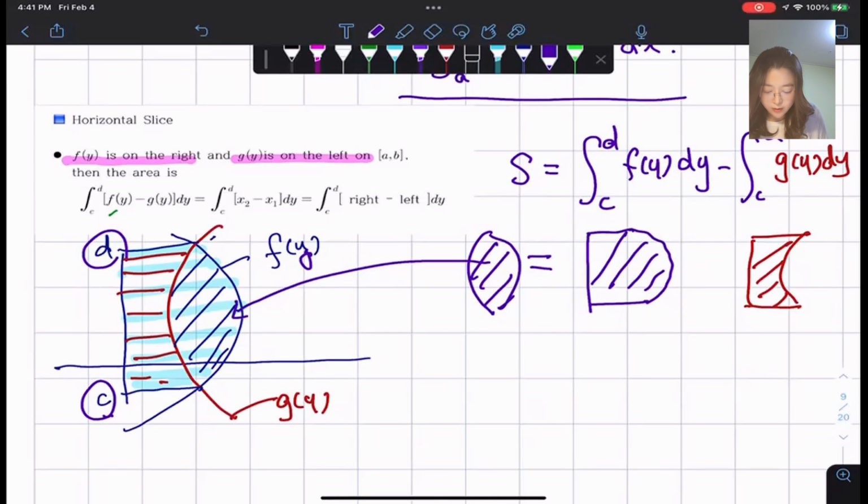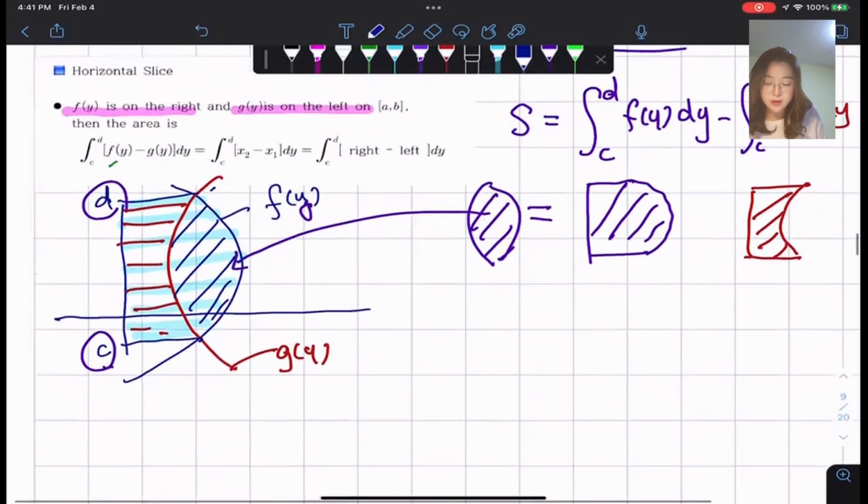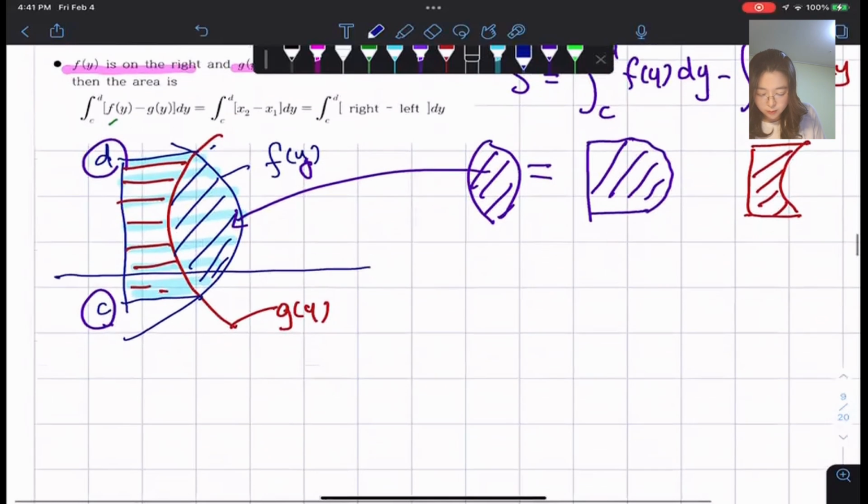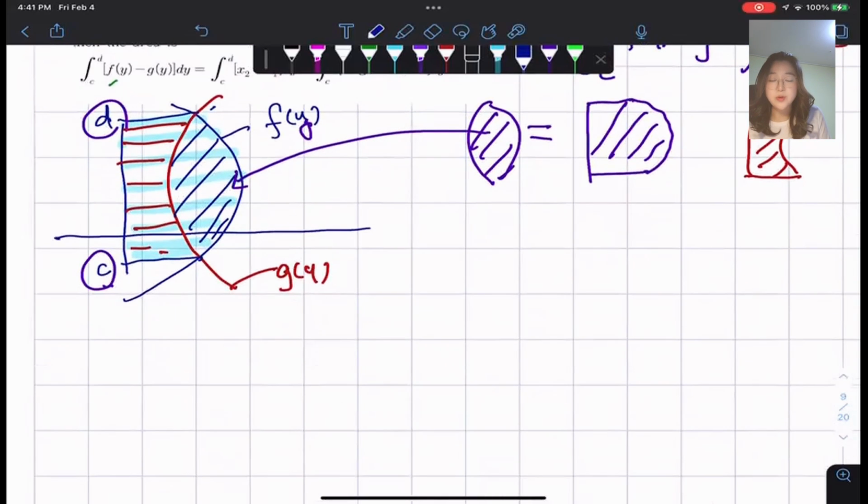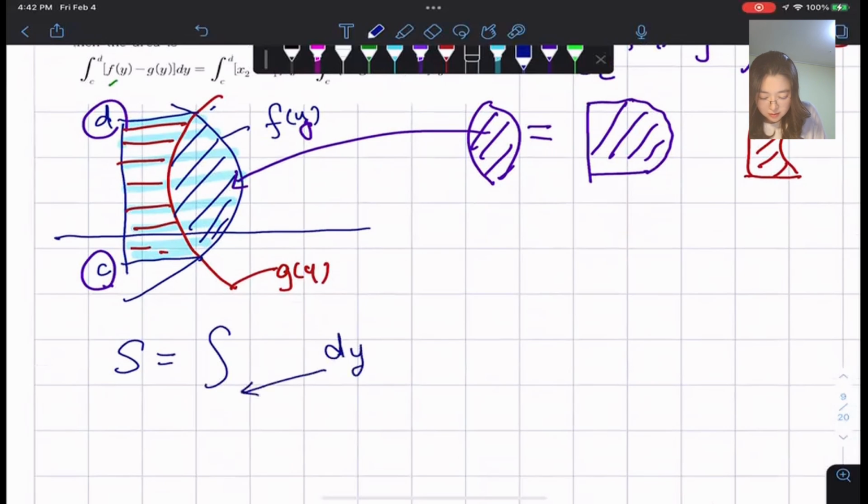Let's memorize this formula based on the above formula. If you want to find the region in terms of the y-axis, you should set it like this, dy, and set the range of dy, y-axis, c, d. Okay, and plug in the opposite variable x.